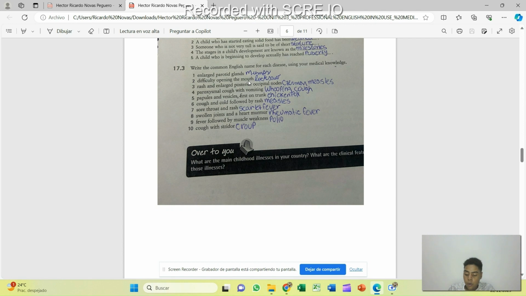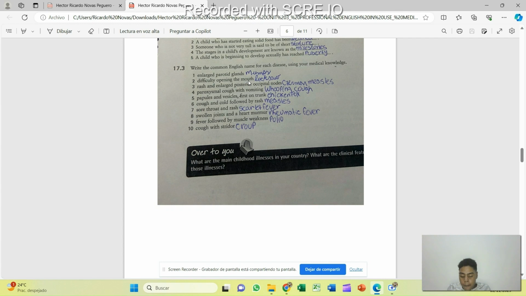Rash and enlarged posterior occipital nodes, German measles. 4. Coryza, cough and vomiting, whooping cough. 5.